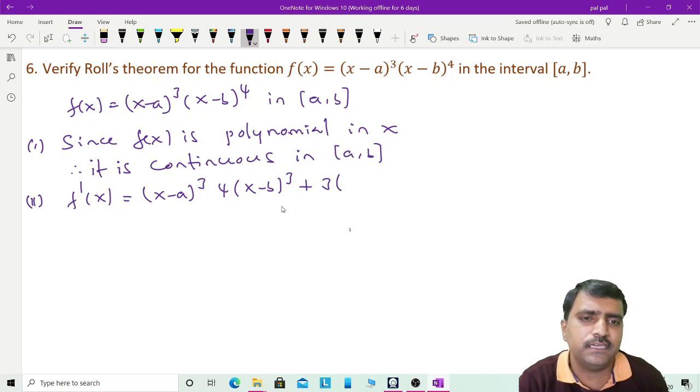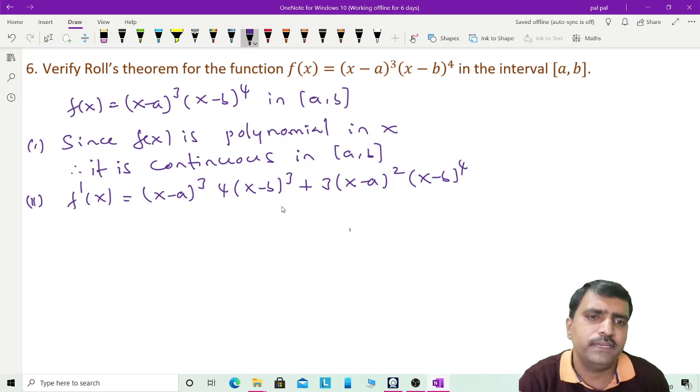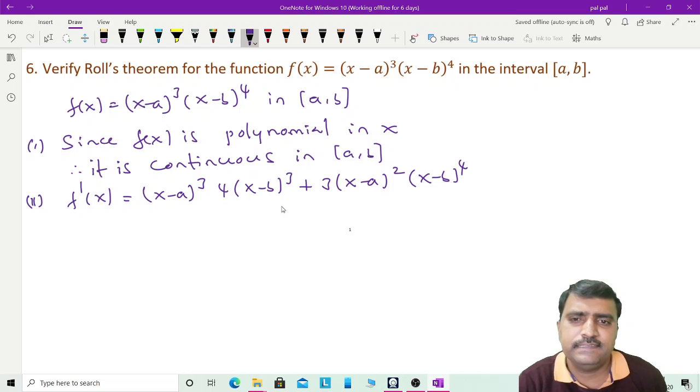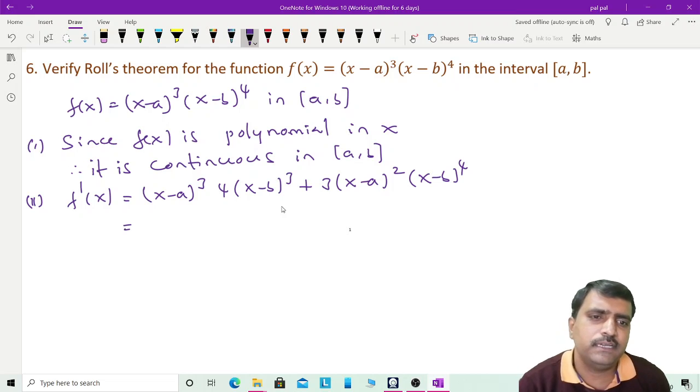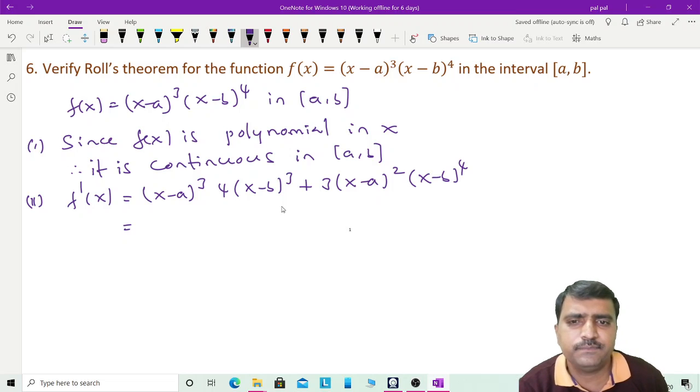Differentiation of the first term is 3 into x minus a whole square into x minus b whole to the power 4. You write that as it is. So the common factors in both terms: you can take x minus a whole square, and we can take x minus b whole cube as the common factor.